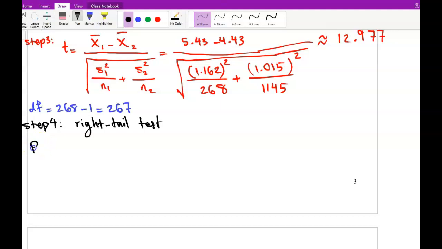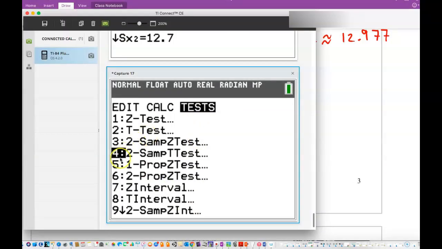So finding the p-value, again using the TI-84: press stat, then test, then scroll down, choosing number 4. It's the 2-sample t test. Enter.